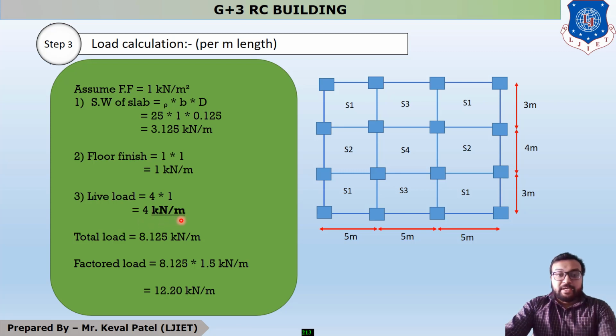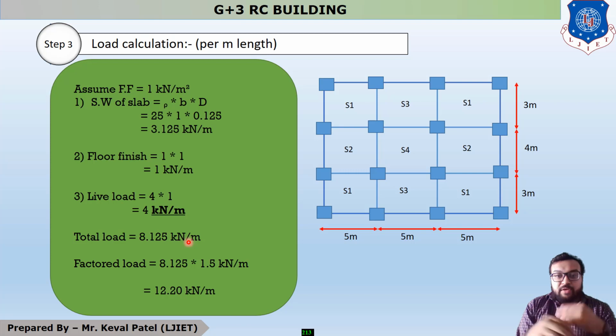So students, in any slab, there is a summation of dead load plus live load. So our total load is the summation of all the three forces, which is 3.125 plus 1 plus 4, which is equal to 8.125 kilonewton per meter. Okay, but this total load is unfactored load, and we have to design any structural component for factored load.